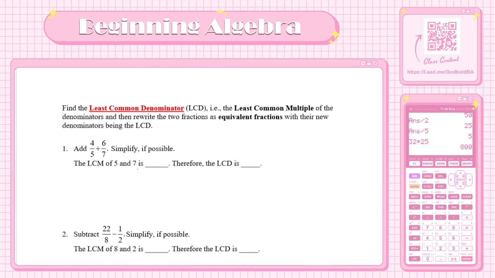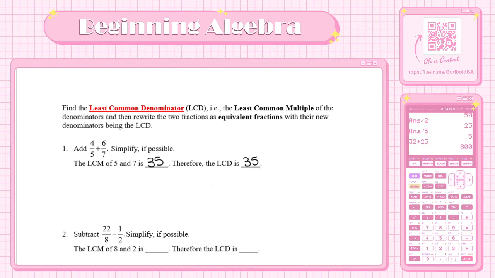Well, remember when we talked about if they're both prime, then the LCM is just the product of the two, right? So it's just 5 times 7, which is 35. Therefore, the least common denominator is 35.